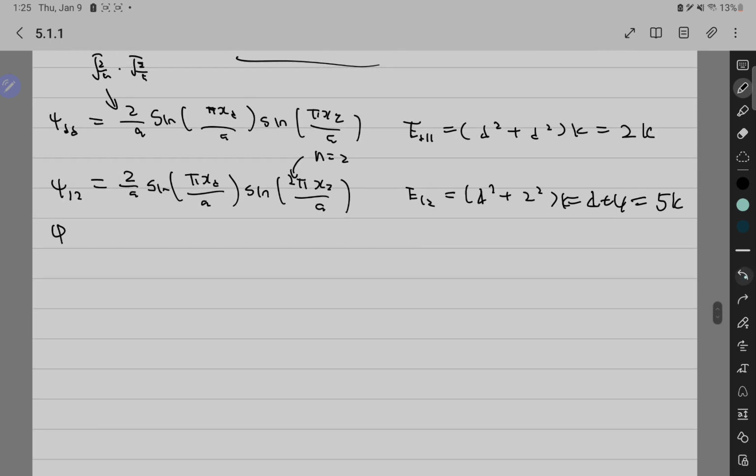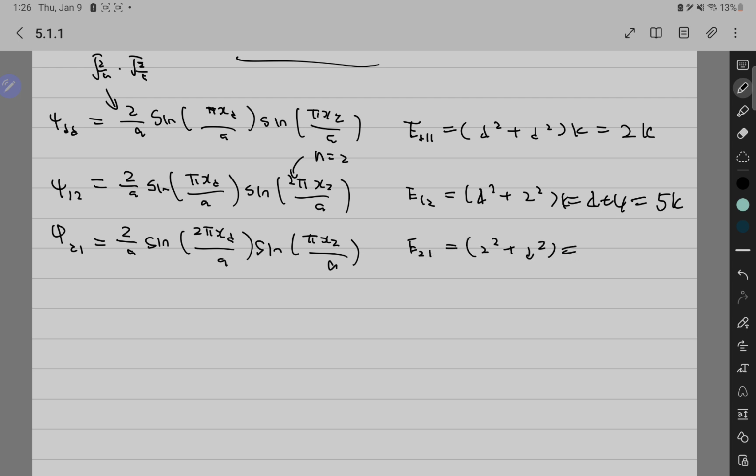And the same goes for the state 2, 1. This is going to be equal to sine of 2 pi x1 over a, sine of pi x2 over a. And the energy is going to be the same as 1, 2, which is just 5k.